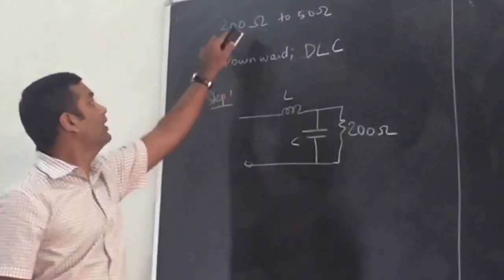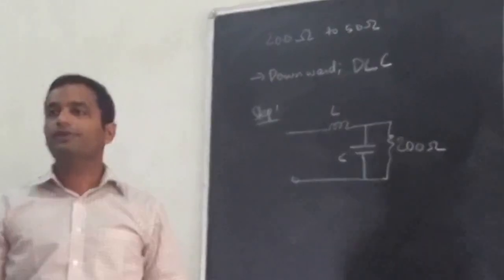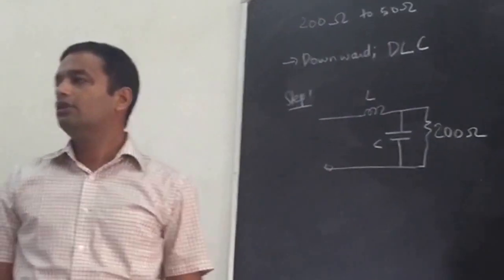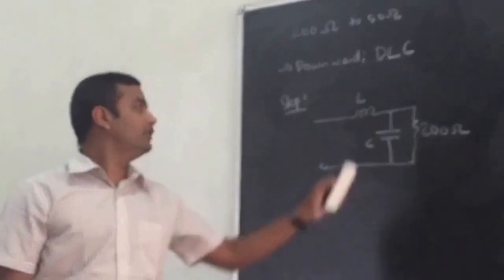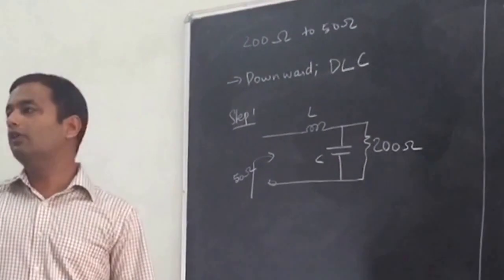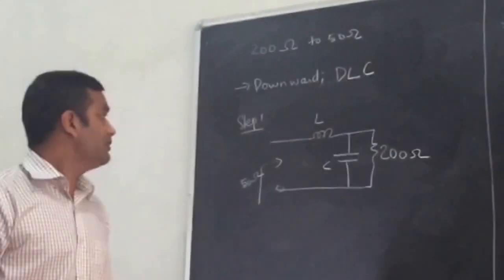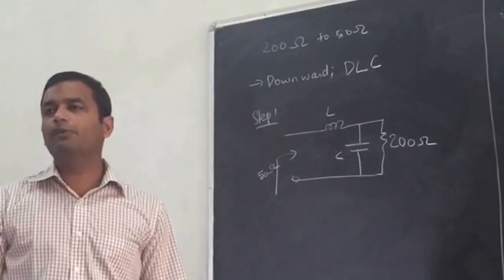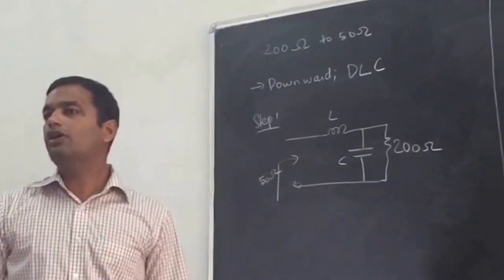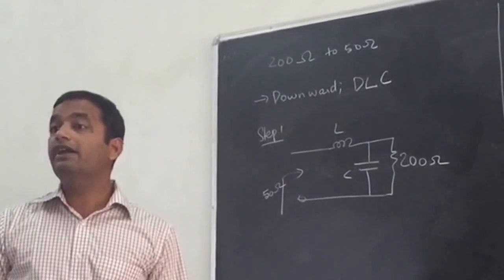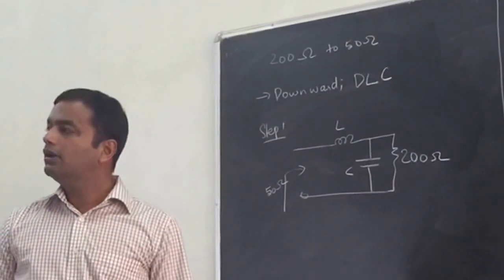You are converting 200 ohms to 50 ohms, is it not? This is my step 1, am I right?